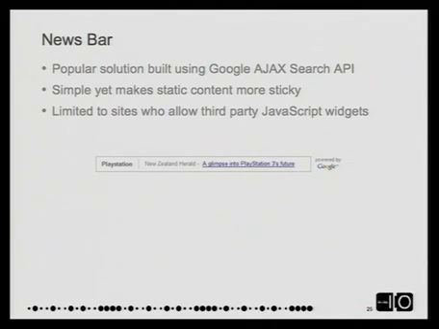It's a really useful way of making your blog sticky. Say you have content on your site that you update on a weekly or maybe a monthly basis. You can easily provide a keyword or a set of keywords around that content, and then when the user visits your page, you can display the relevant news about that topic.